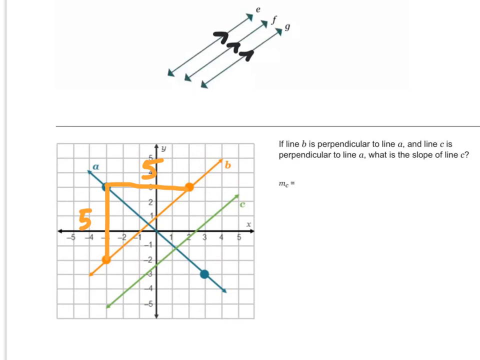You can't really tell any points that are on line C, so you have to use this idea that if these two are perpendicular and these two are perpendicular, then these two have to be parallel. So the slope of line B, this slope M, would be 1, so the slope of line C would have to also be 1.